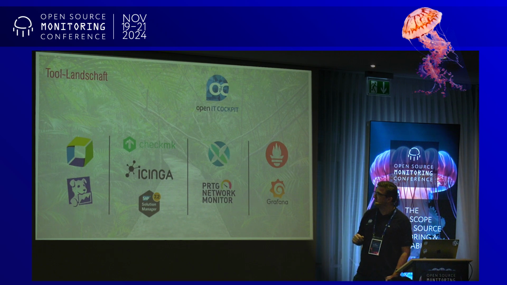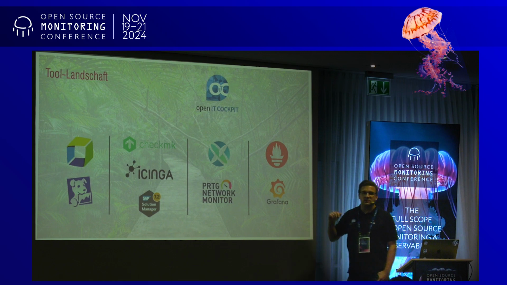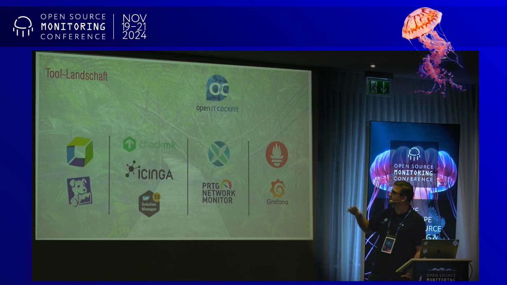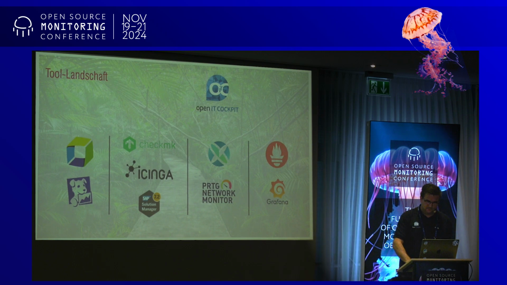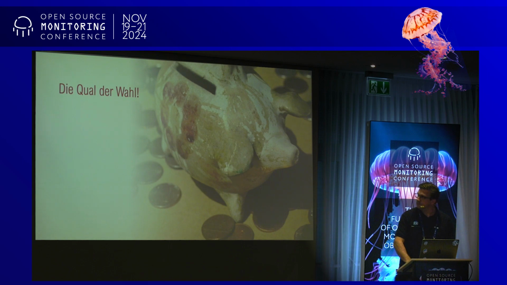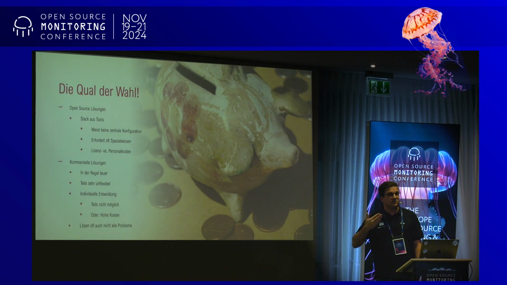For the commercial part, PRTG as the monitoring. And for the cloud monitoring, you have Prometheus. And Prometheus is pretty ugly, so you have Grafana for the dashboarding. And now it's your choice what you can do.